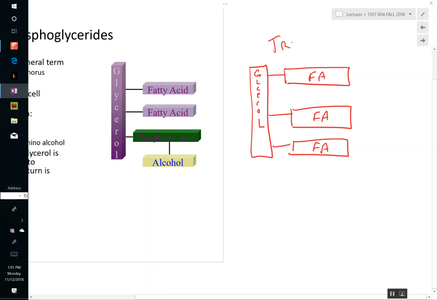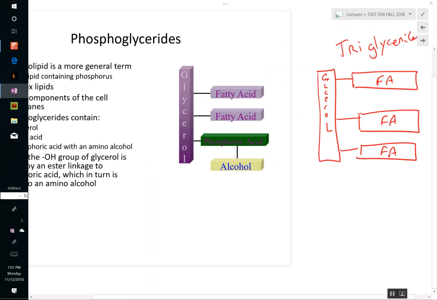This is your triglyceride, which we just studied. And here's your phosphoglyceride. You don't need to draw these in any really great detail. I expect you to appreciate the similarity and the difference between triglycerides and phosphoglycerides.